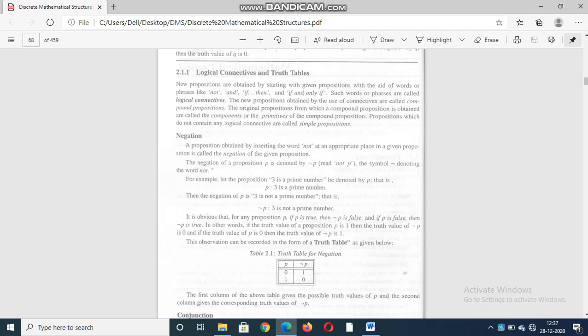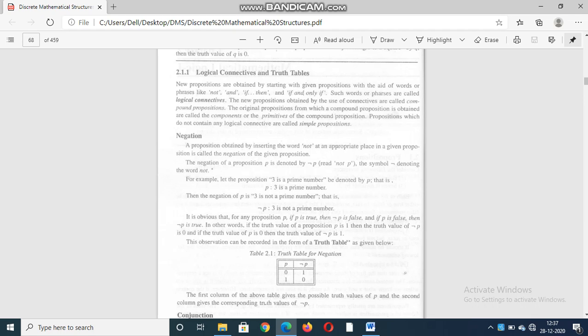So we start with the negation. In negation, a proposition obtained by inserting the word not at an appropriate place in a given proposition is called the negation of the given proposition.